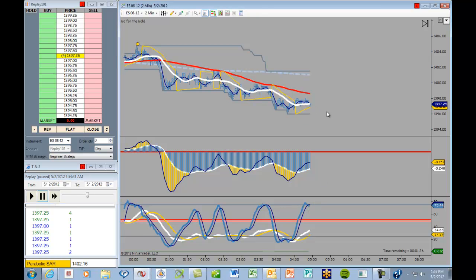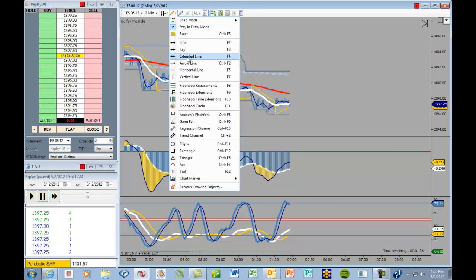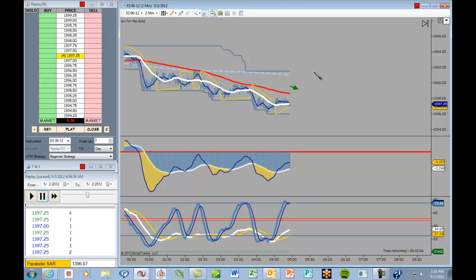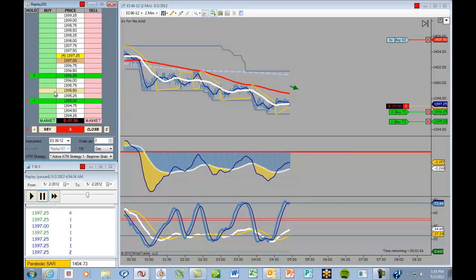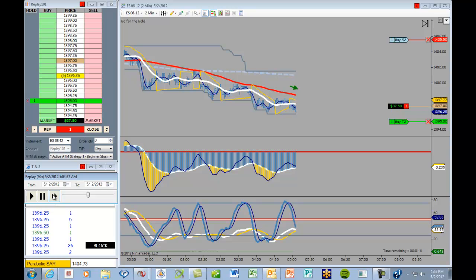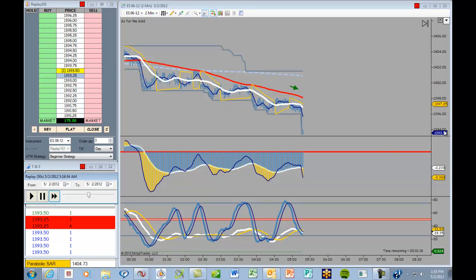We're getting close to flipping the parabolic, so we'll start a short trade arrow here and sell 3 contracts.